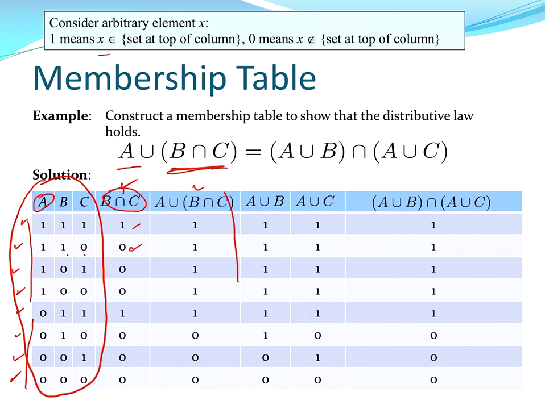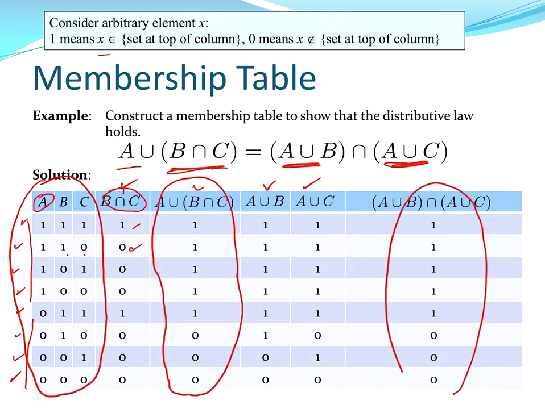And we end up getting, for our 8 combinations, 5 ones and 3 zeros in succession. Do the same thing for A union B and A union C in these columns, and then take their intersection to get the exact same inclusion pattern. So that means that these 2 sets are equal. And that is a membership table approach to proving identities.